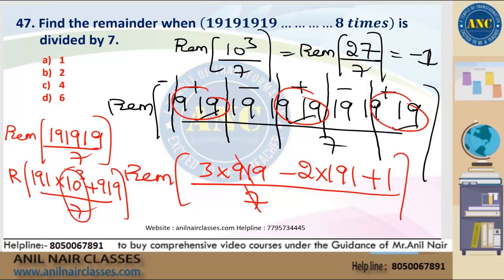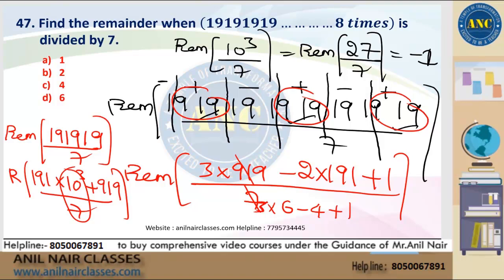7 13s are 91. 7 1s are 7. 2 remainder. So first one is 6 minus, 7 1s are 7, 7 2s are 14. 51, 7 sevens are 49, 2, minus 4 plus 1. So into 3 we got.